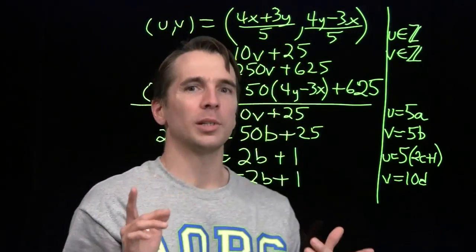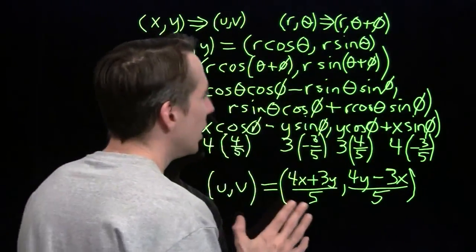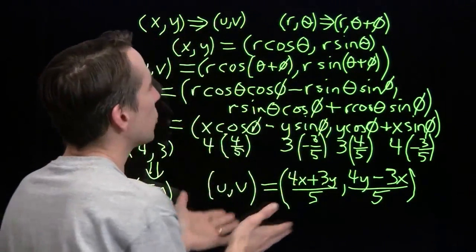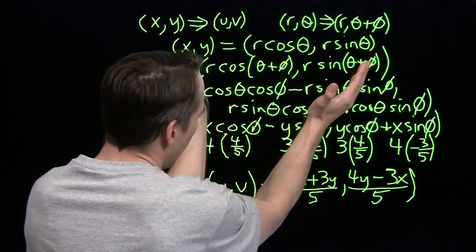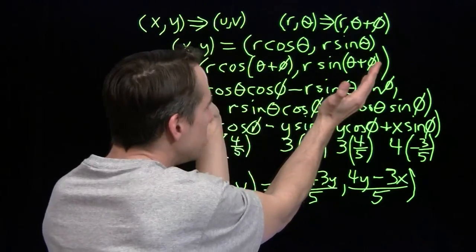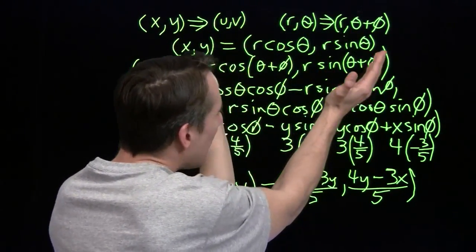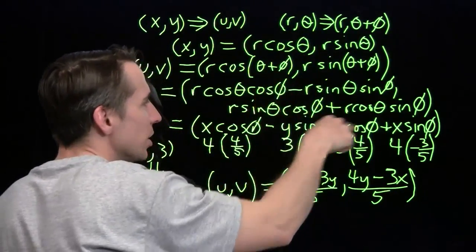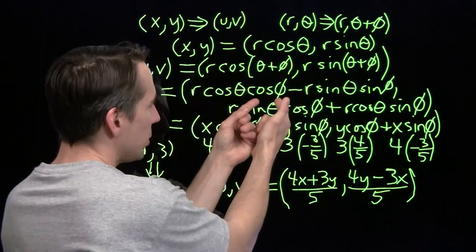But instead, I'm going to do something a little clever here, because being clever is a little bit more fun. How do we relate u, v and x, y? We did this rotation. We rotated by phi to get from x, y to u, v. So how do we get from u, v back to x, y? We just rotate back. We rotated by phi, so we rotate back by negative phi. And what happens in all this mess when you take phi and replace it with negative phi? What happens with the cosine?